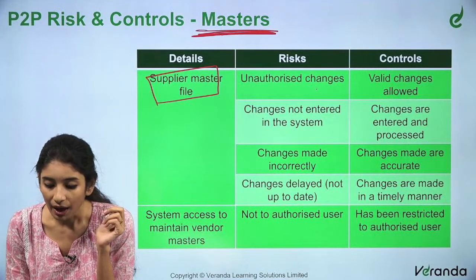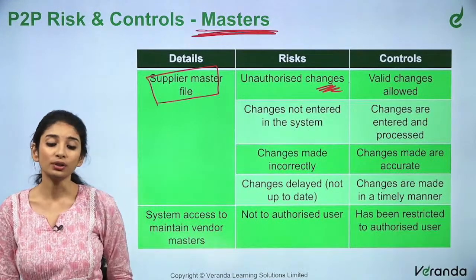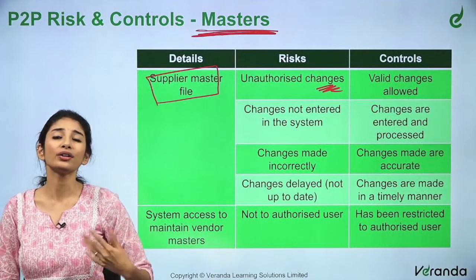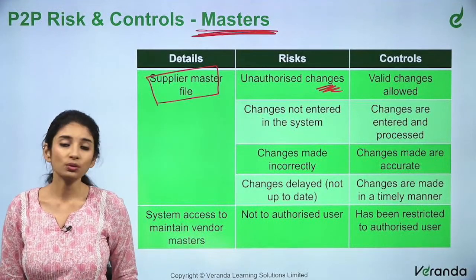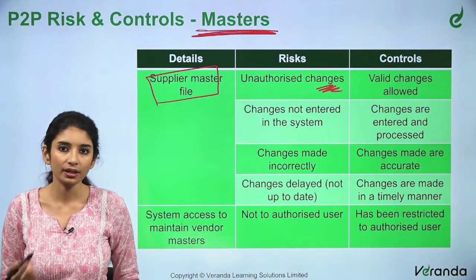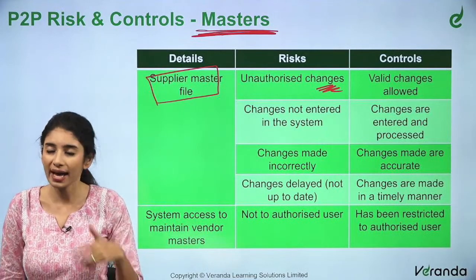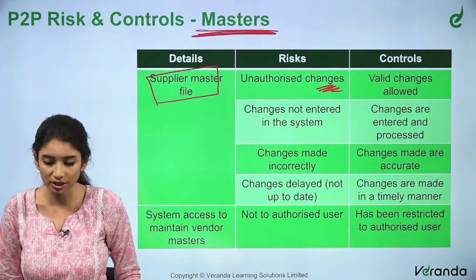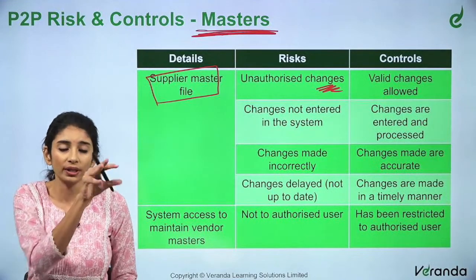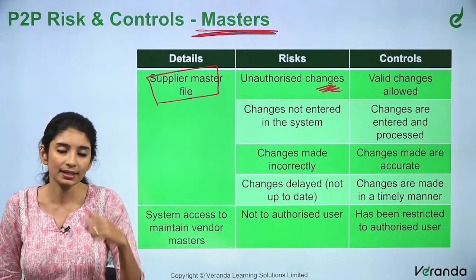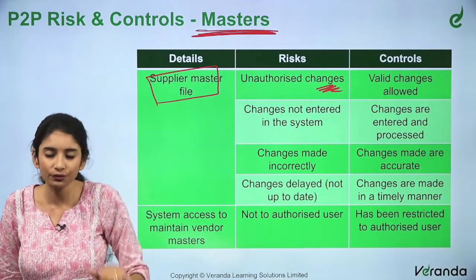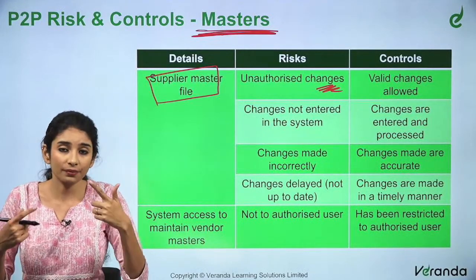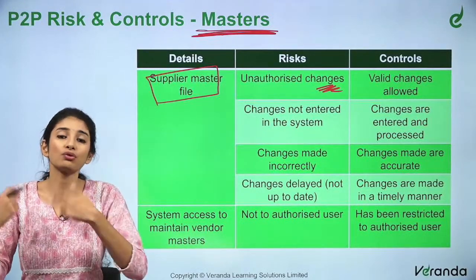For example, unauthorized changes made to the supplier's master file. Someone who is not supposed to create new masters or make changes has gone into the system and made the changes. He's added his own account in the bank details of a vendor, so that the payment goes to his account.